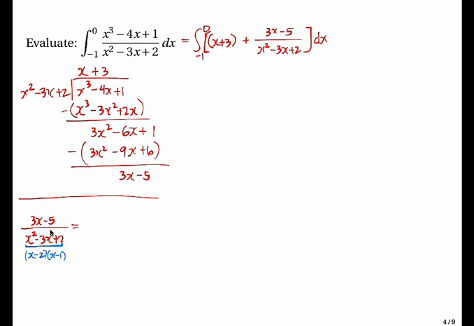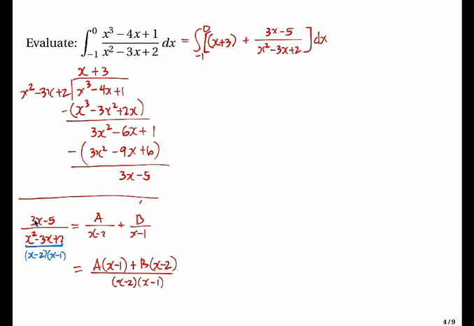this here can be decomposed into a over x minus 2 plus b over x minus 1. And again, we combine them. We will get a times x minus 1 plus b times x minus 2 divided by x minus 2 times x minus 1.